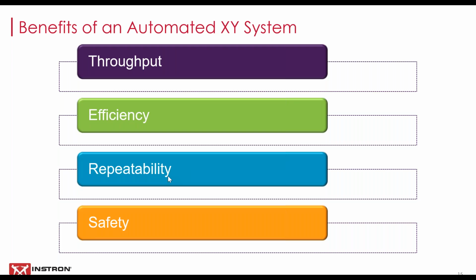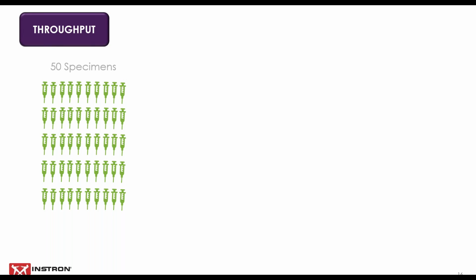Early in the presentation, we touched on the main benefits of the automated XY system: throughput, efficiency, repeatability, and safety. Let's look at each one of these in a bit more detail. We'll begin with throughput.